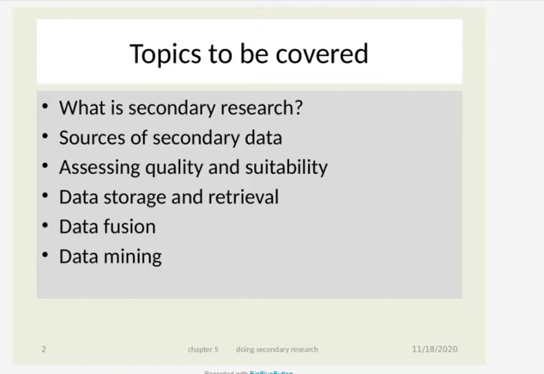When we get these data, we need to assess, to review, to measure their quality and suitability in order to know whether we want to use them in our research or not.